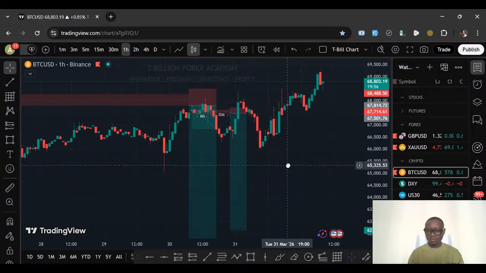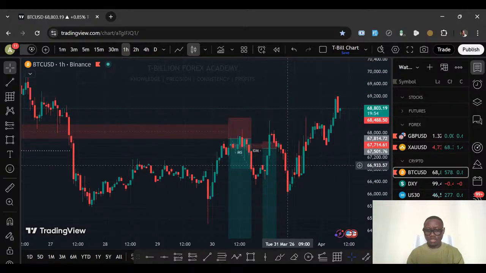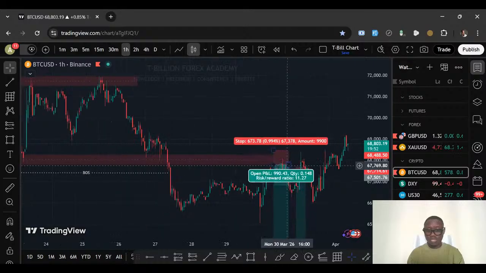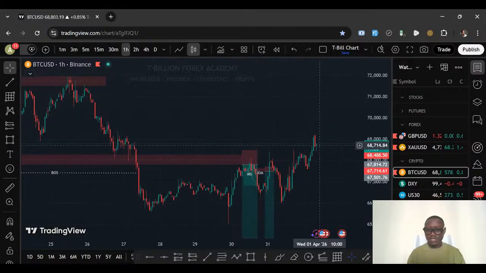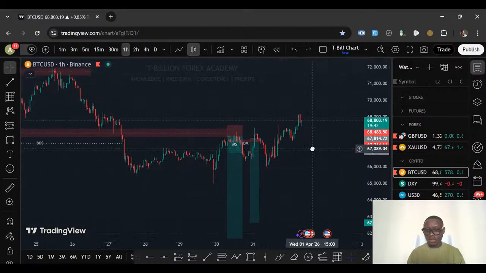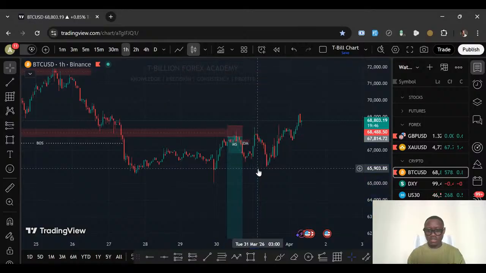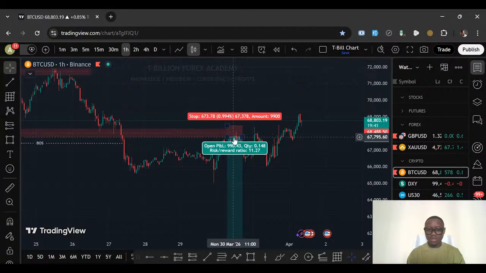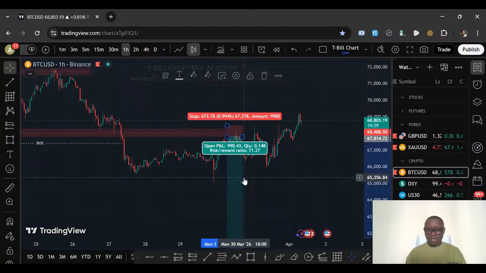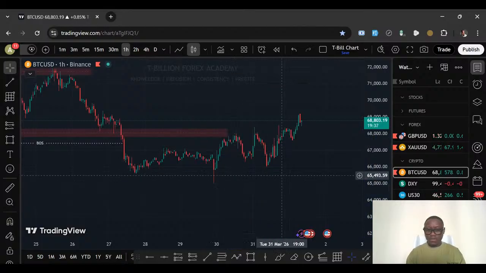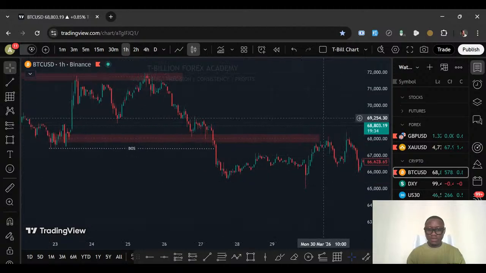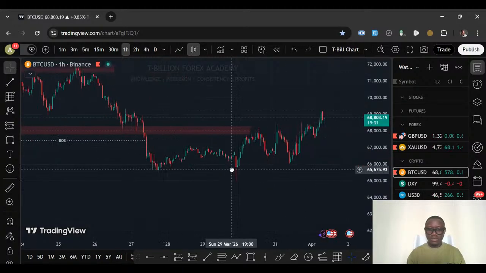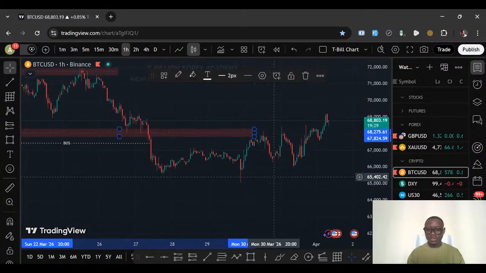So this is BTCUSD basically, since our last session. Let me take this out since we didn't take the trades, so you can have a clean chart. And this has actually been validated, so I don't need this anymore.